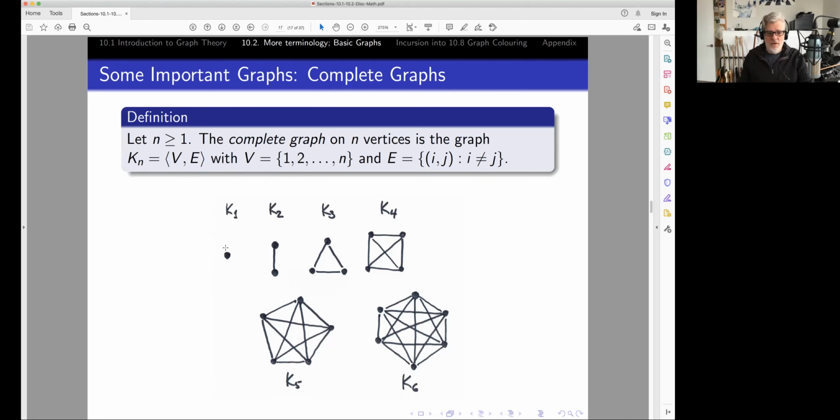So K1 is just a vertex, K2 is 2 vertices and the edge between, K3 is a triangle with every possible edge, K4, every possible edge, you see. So you have infinitely many of these graphs. These are the complete graphs. They're sort of stupid, in the sense that they don't seem to be very interesting, but in a sense, they are very, very important.